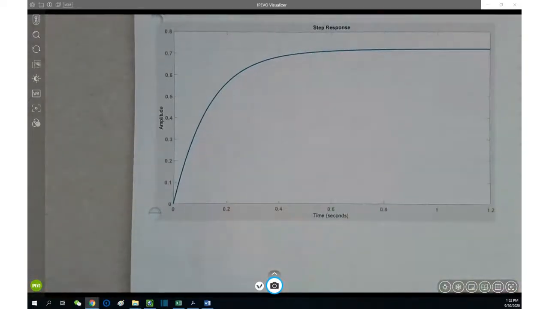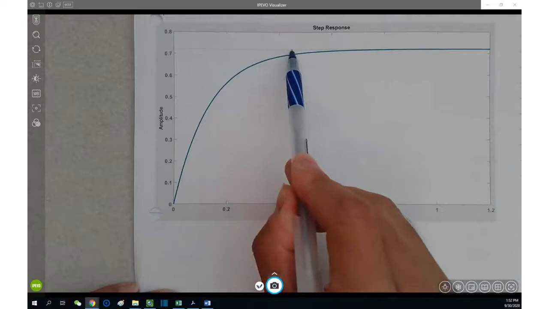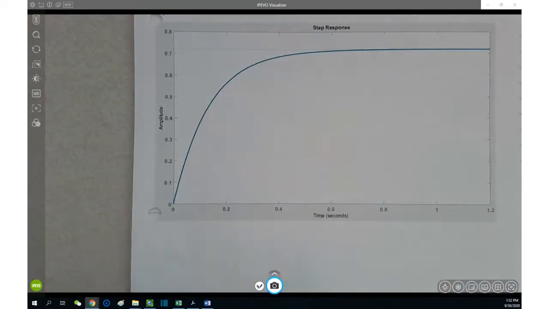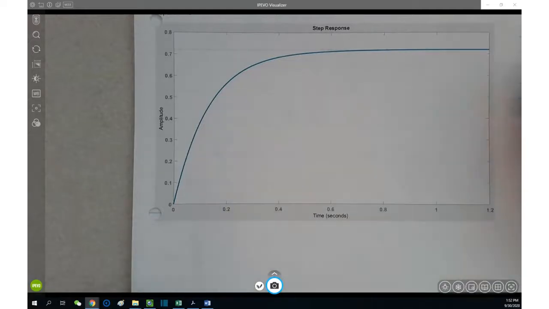Remember one tip. If the steady state value is not labeled by this dashed line here, how do you read the steady state value? Read this end, okay? Read this y-axis. Don't read from here, okay? It's less accurate. Does it make sense? Reading from here is obviously easier.